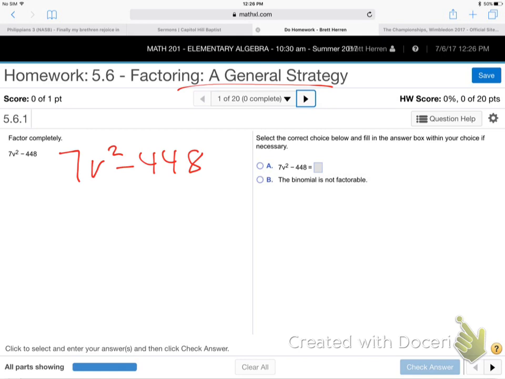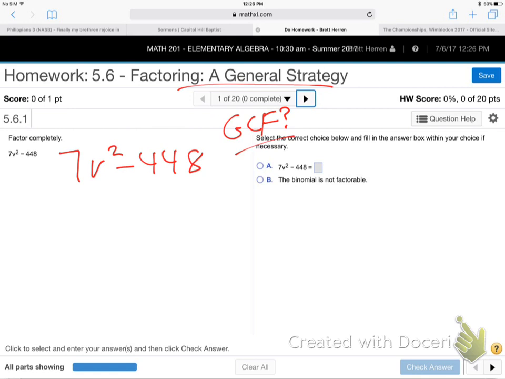What's the first step in every factoring problem? GCF, right? Is there a GCF? Yeah, so now that 7 might be the GCF, right? To figure out whether it is or not, try dividing 448 by 7.